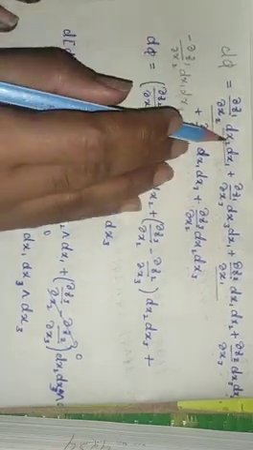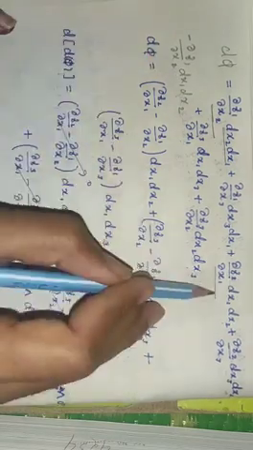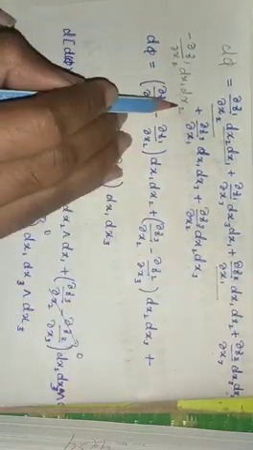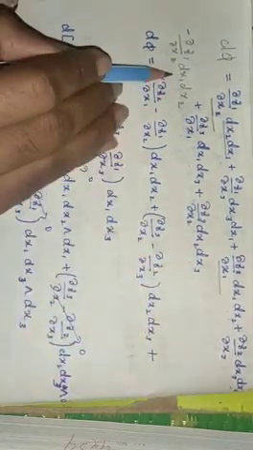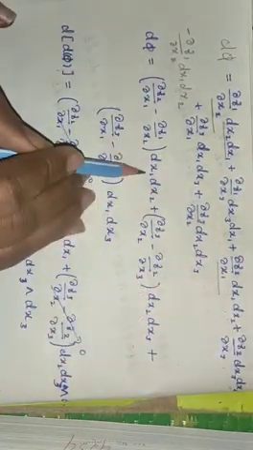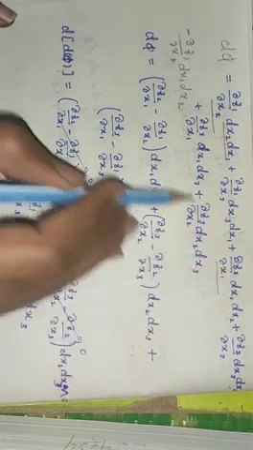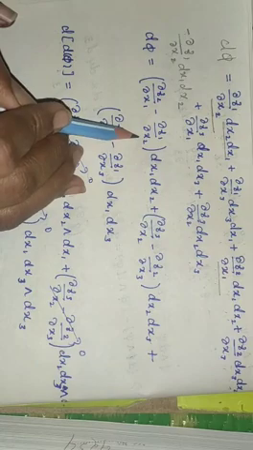Yes, we can, by using the anti-commutative property. Now observe this term and this term: here dx1 is there, here also dx1 is there, here dx2 is there, here also dx2 is there. So dx1 and dx2 are common in these two terms. We take dx1 and dx2 as common, then the remaining terms are del f2 by del x1 minus del f1 by del x2.